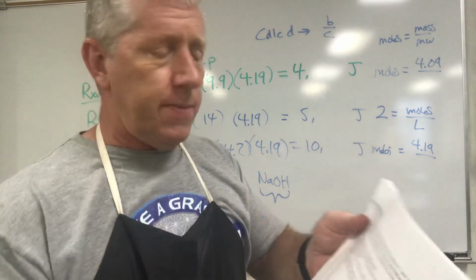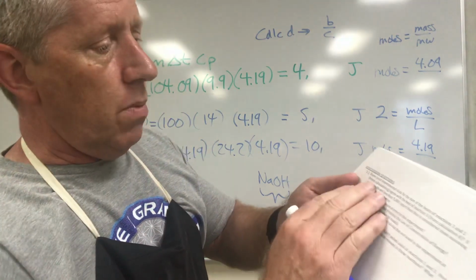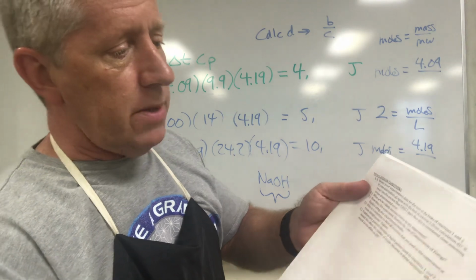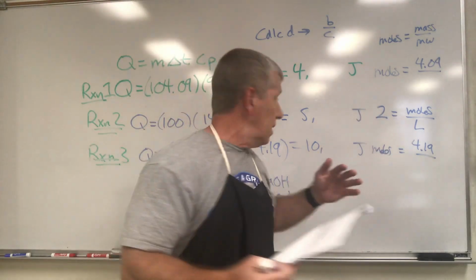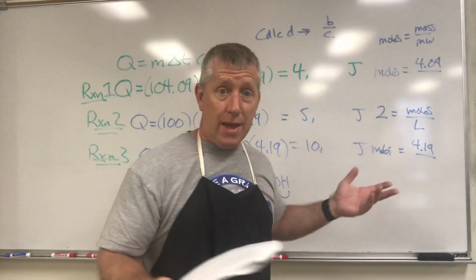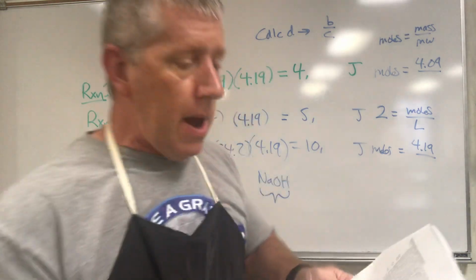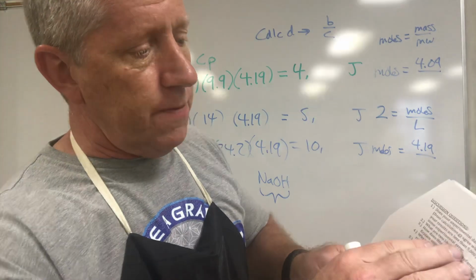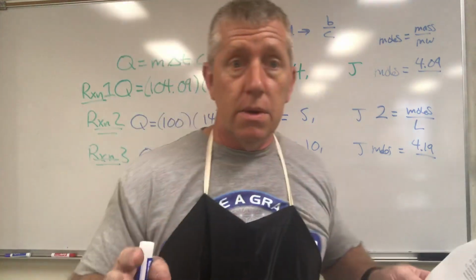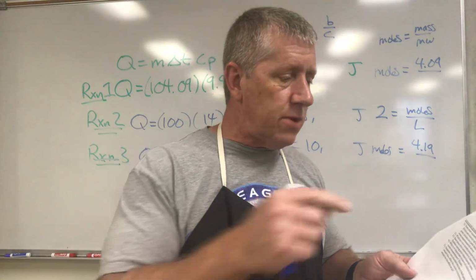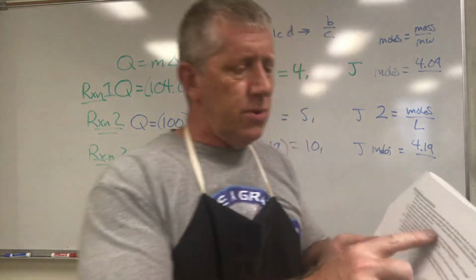I'll just point something out to you right here. Discussion question number 1 says, do your experimental data for reaction 1 and 2 come out to be the same as the overall reaction for reaction 3? And I had said here, if your results are less than 5,000 joules apart, actually, that should say 5,000 joules per mole.